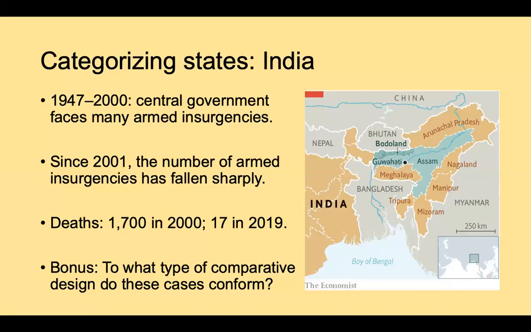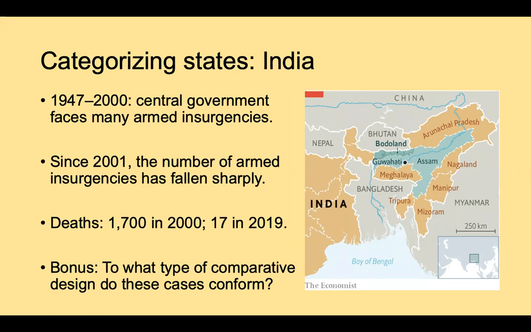And India then represents an interesting puzzle because we want to know maybe why those two different time periods went different ways. And this begins to get us to questions about research design and about what type of a puzzle this is that we've identified here in the cases of India. And so I want to put it to you as sort of a bonus. What type of comparative case study design do these cases conform to?